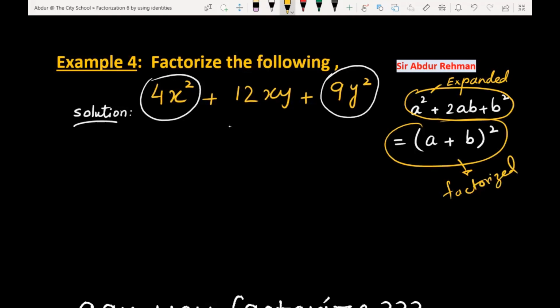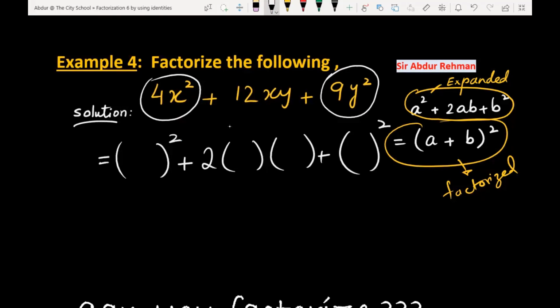So the first step is to write empty brackets: a square plus 2ab plus b square. Now, by putting in all values, (2x) whole square is equal to 4x square, and (3y) whole square equals 9y square. So the a is 2x and the b is 3y.